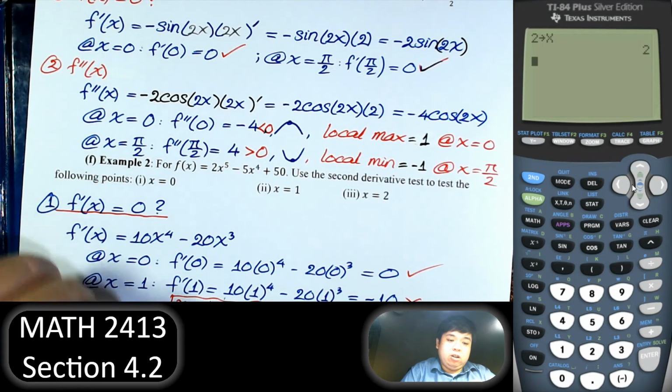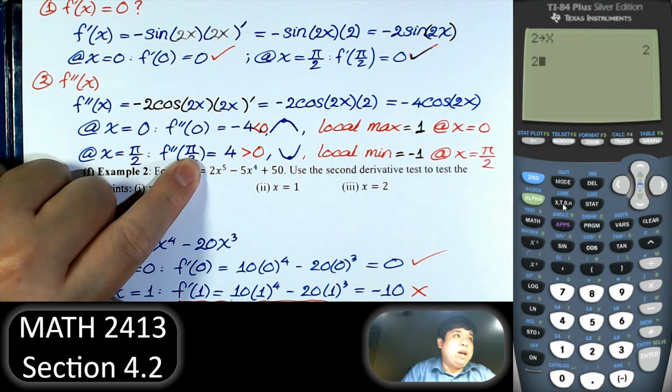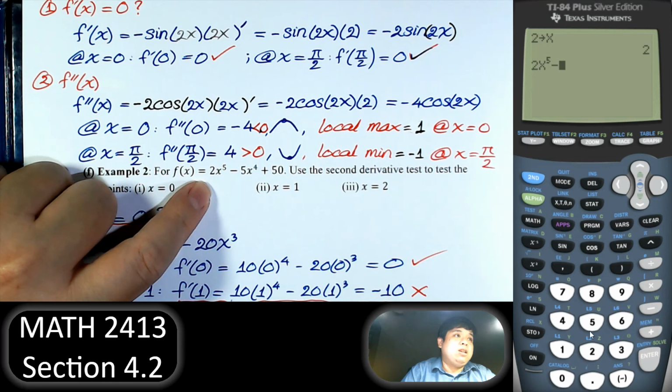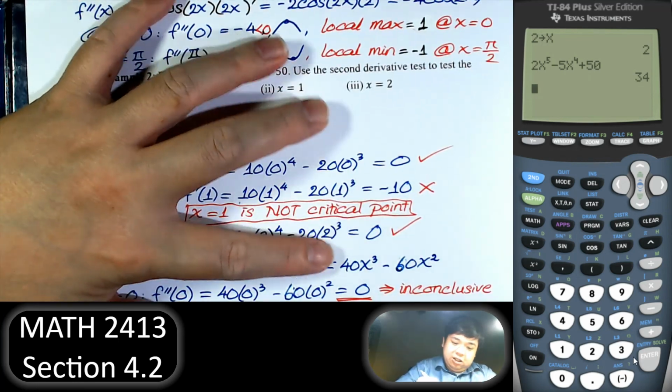And then the original function, x to the 5th minus 5x to the 4th plus 50. This is 34.